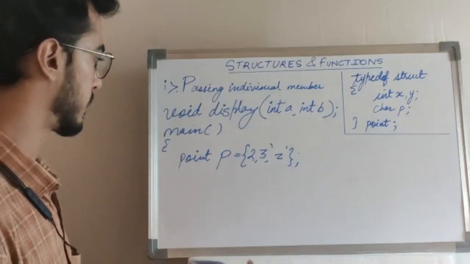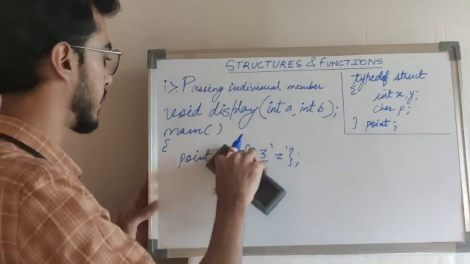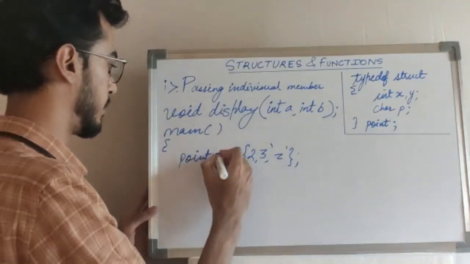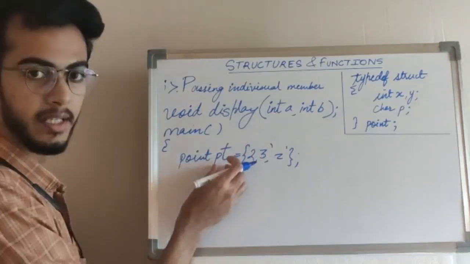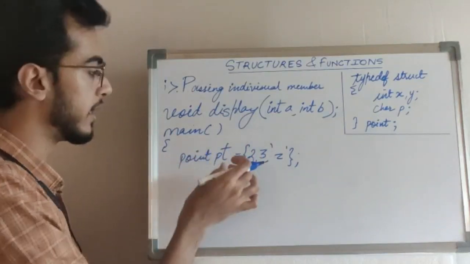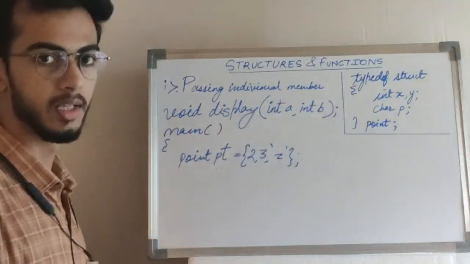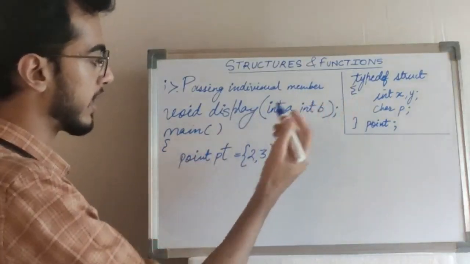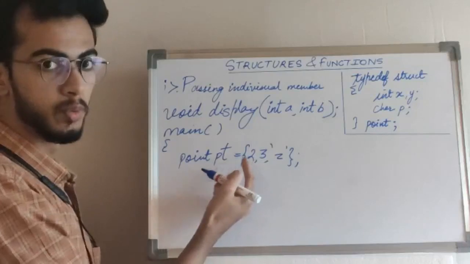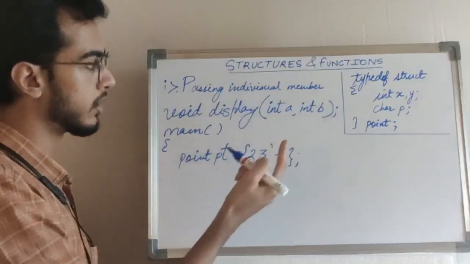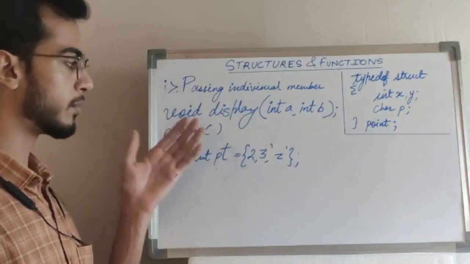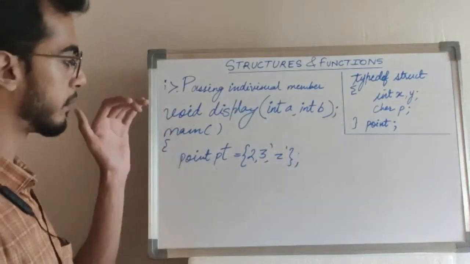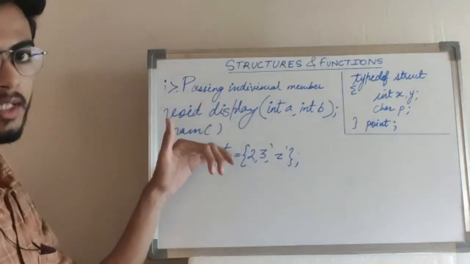Let me take another name over here, let's say pt, just to avoid the confusion. So pt is the variable whose type is point, and the values for pt are according to this structure. So pt.x will be 2, pt.y will be 3, and pt.p will be z. If you are confused with this, you can separately write the three statements: pt.x equal to 2, pt.y equal to 3.